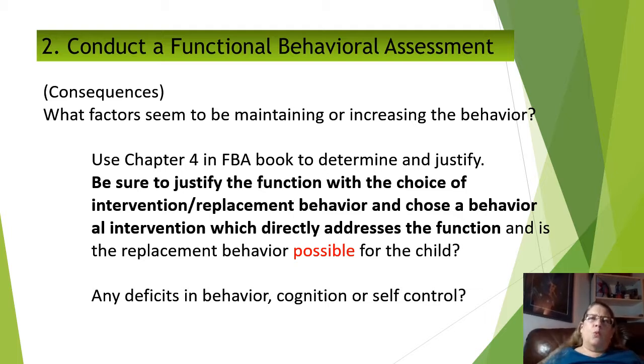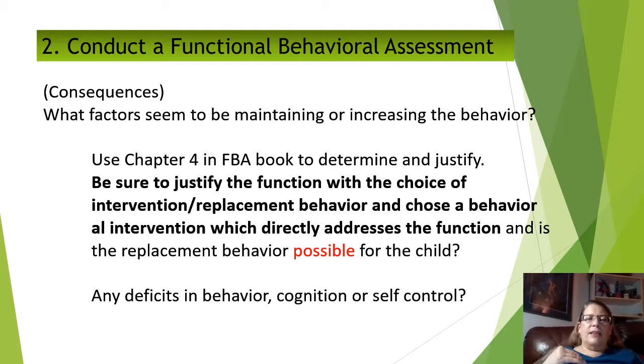So what you're describing in the consequence is not what you're going to intervene in. You are going to be describing what other people or what the environment is doing that is actually causing this to maintain and increase or decrease the behavior, right?